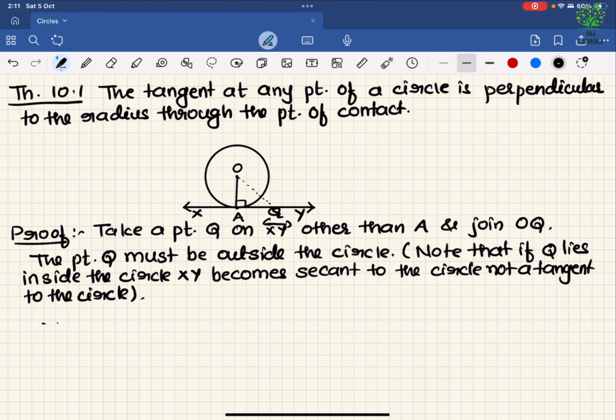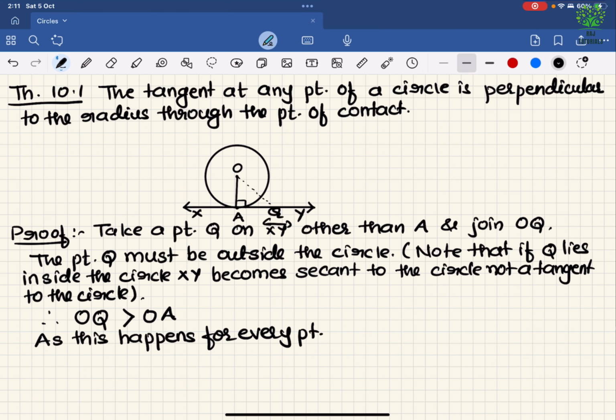So therefore I can say that OQ will be greater than OA, as this happens for every point on the line XY other than point A.